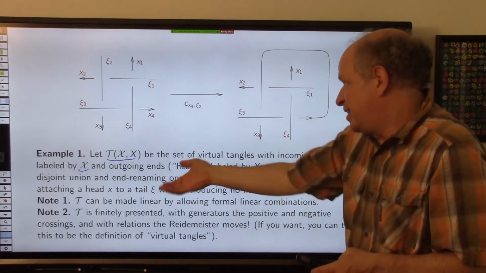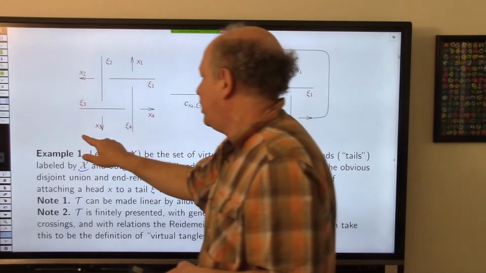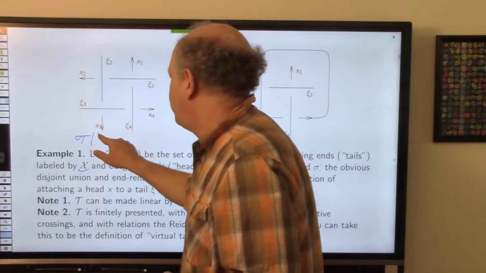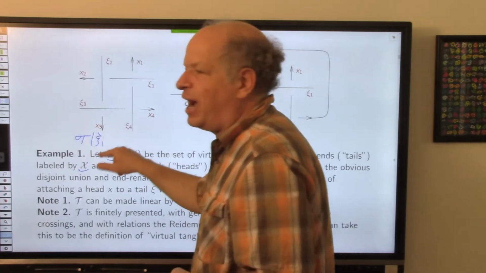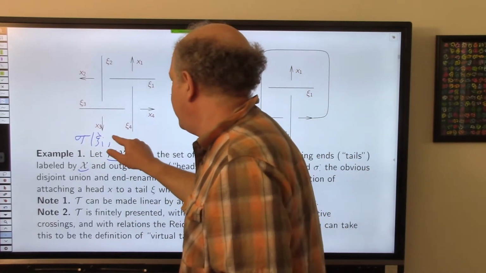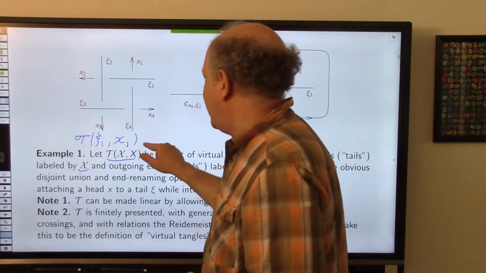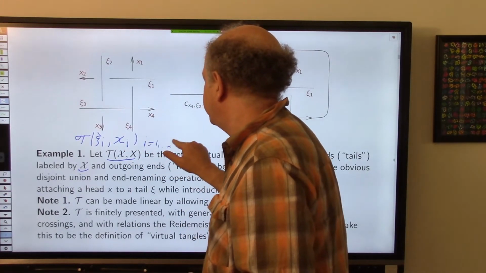So that's an example of an element. In fact, this particular one is an element of T of 4 Greek letters, xi_i with i from 1 to 4, and 4 Latin letters, x_i with i from 1 to 4.